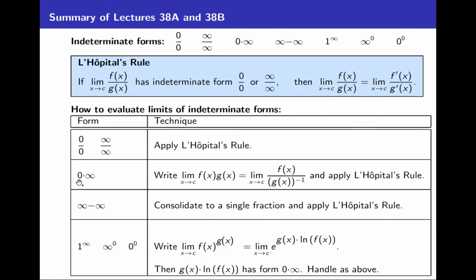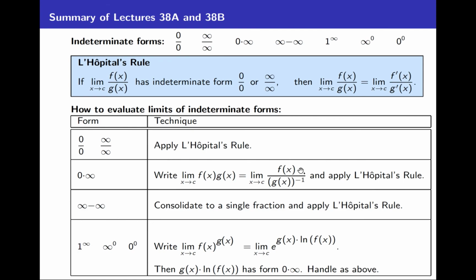If you have the indeterminate form 0 times infinity, write your limit as x approaches c of f of x times g of x in the equivalent form limit as x approaches c of f of x over the reciprocal of g of x. Or alternatively, you could bring the f of x down to the bottom as its reciprocal.